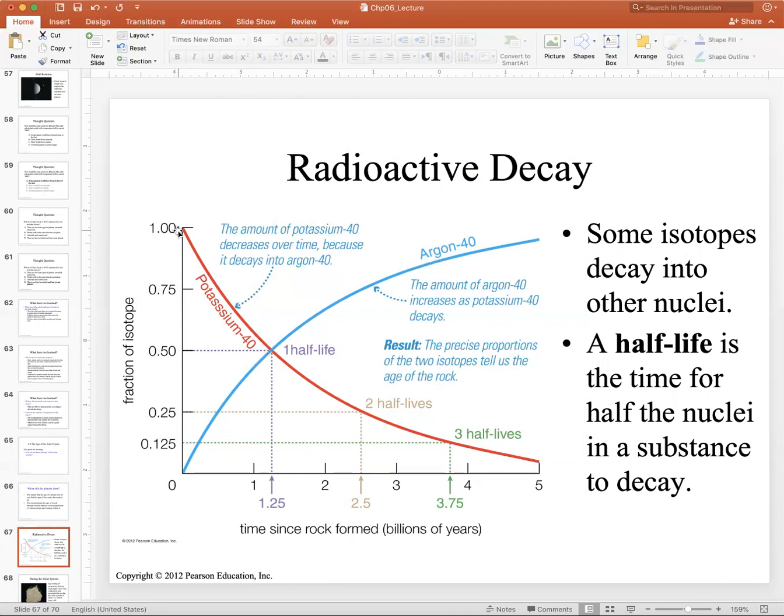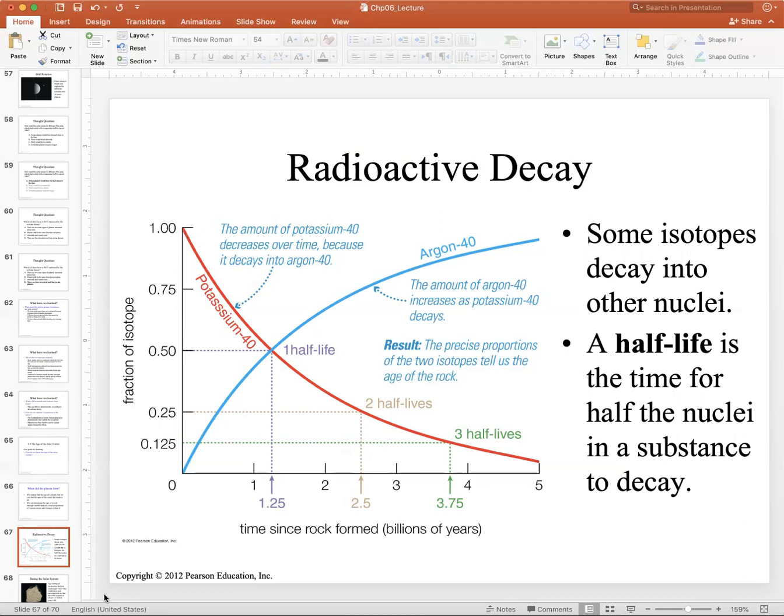You start with all potassium, and 1.25 billion years later, half of the potassium remains and half is now argon-40. So if you carefully examine the ratio of these isotopes, you can find the exact proportion of them, and then move the clock back to find the starting point.